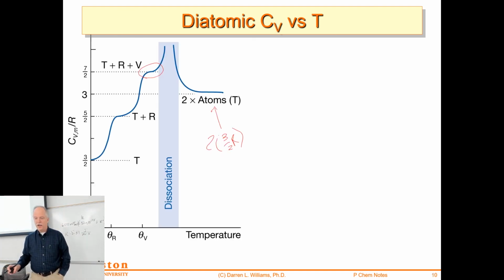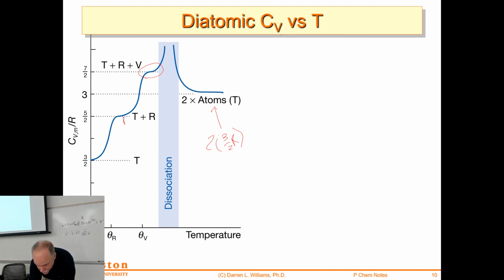Now this is just showing you that as you heat up a molecule, you start out here with the translational heat capacity, and then as you get close to those rotational temperatures, you start to see the heat capacity jump up. This is for a linear molecule, a diatomic.